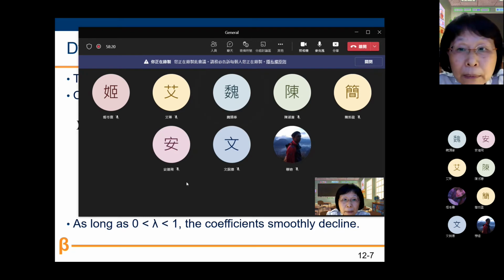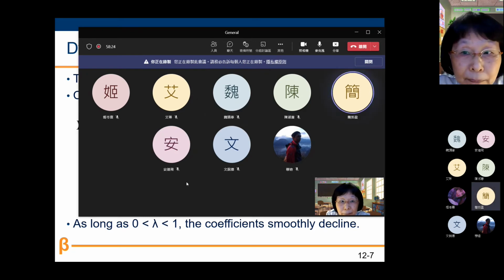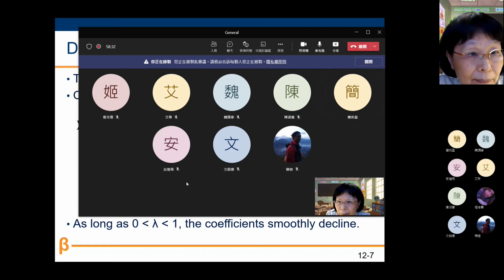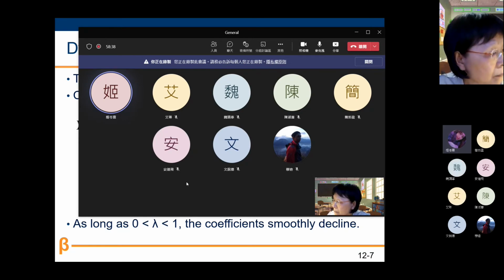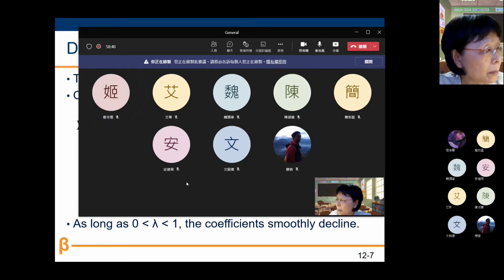Okay, and how about Linda? Maybe I will look at the record again. Okay, Catherine? Yeah, I'm okay for this part. Okay, but make sure you all read chapter 12 after the class.